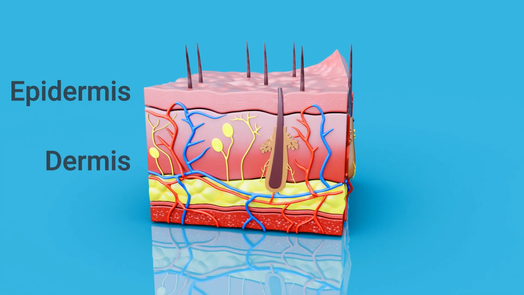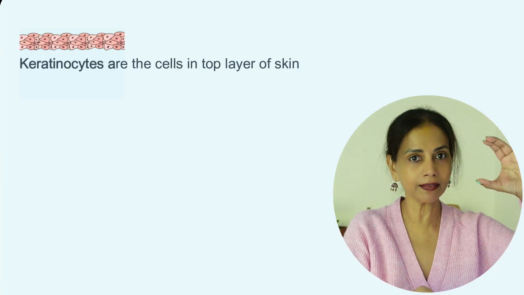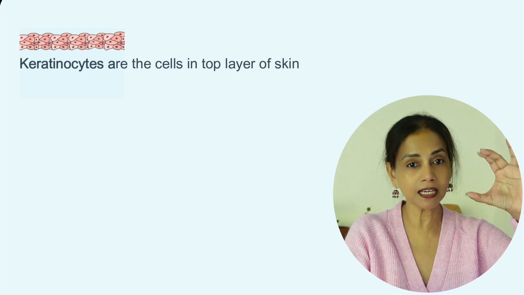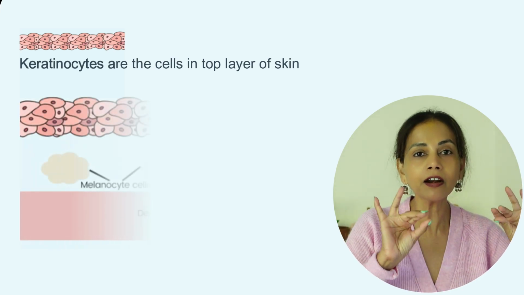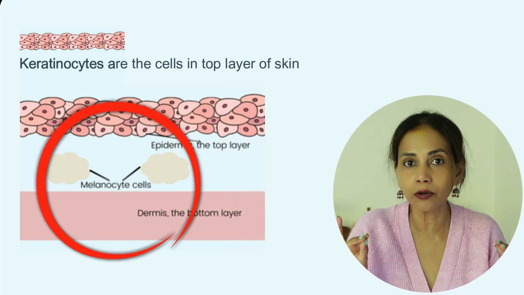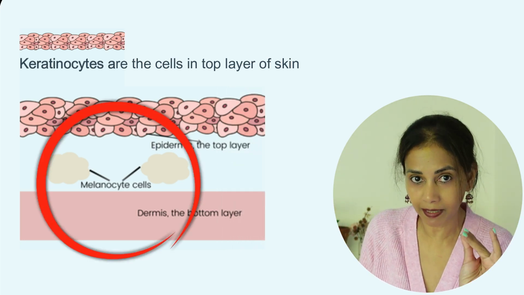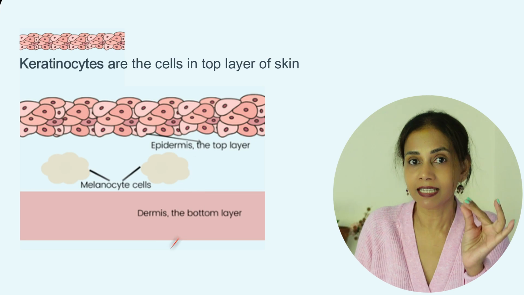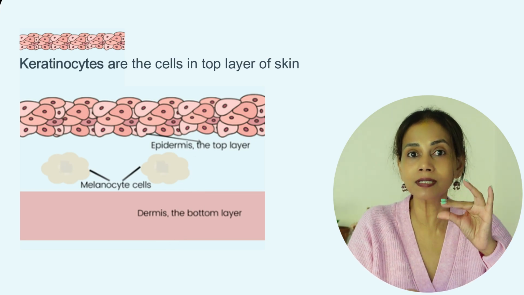Now the epidermis, the top layer, is predominantly made of cells called keratinocytes. Now in between these two layers, that's the epidermis and the dermis, there are a few cells scattered around, and these cells are called melanocytes. Now melanin, the pigment, the molecule, is made inside these melanocyte cells.